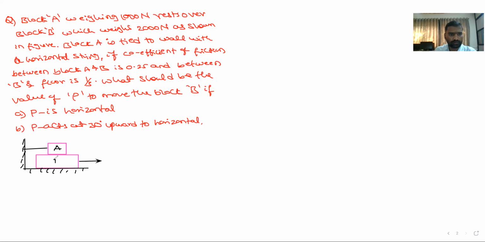This is A block, this is B block. A is connected to the wall and a force P is applied to the block B. In case A, P is applied horizontal. You have to find the value of P when P is horizontal. And in the second case, you have to find the value of P if P acts 30 degrees upward to the horizontal. It means P is acting at an angle of 30 degrees to the horizontal. In that case, what is the value of P?